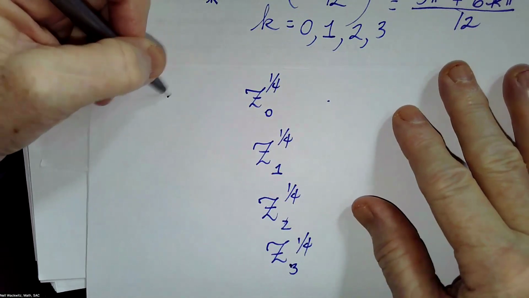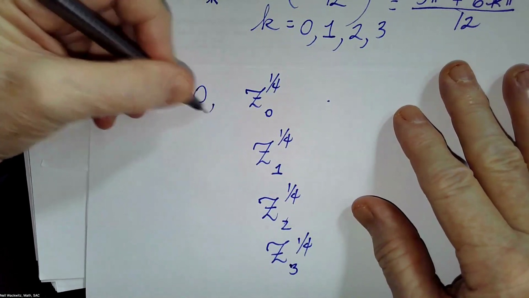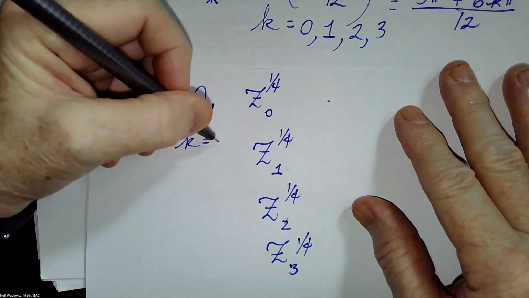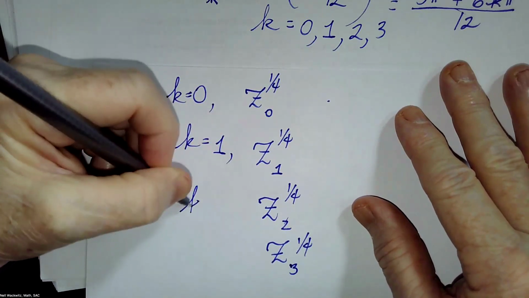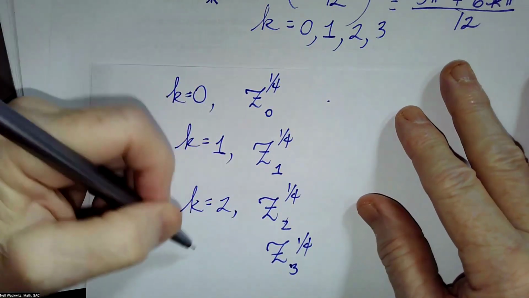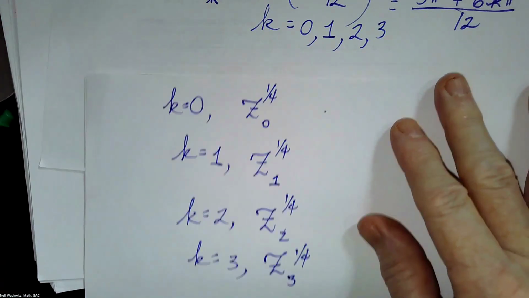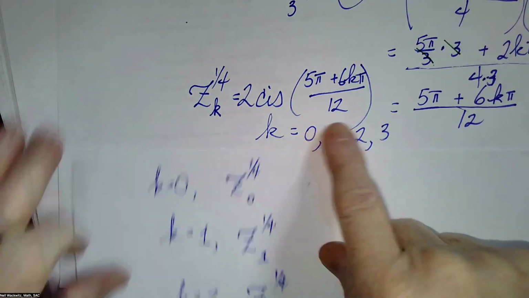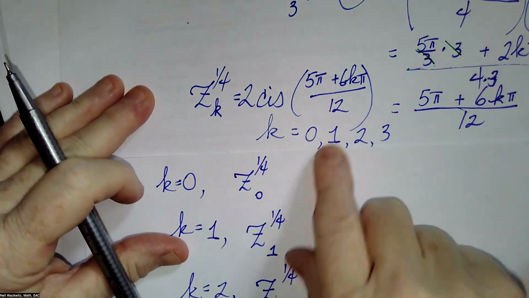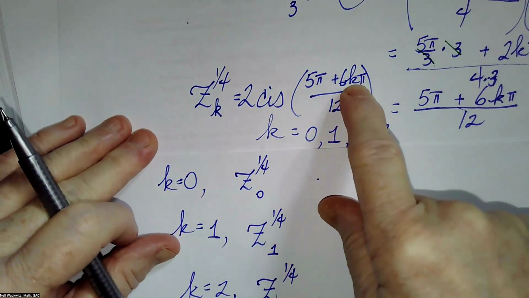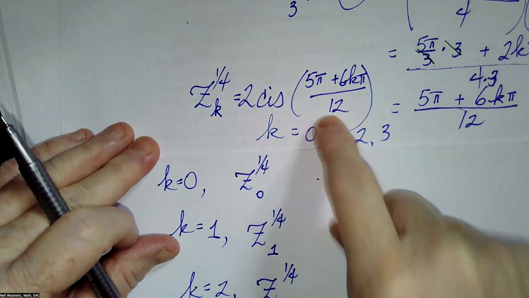So here k equals 0, k equals 1, k equals 2, k equals 3. And we're looking at k values in this situation.